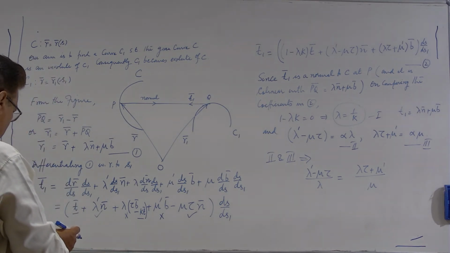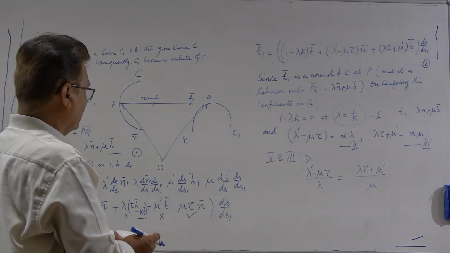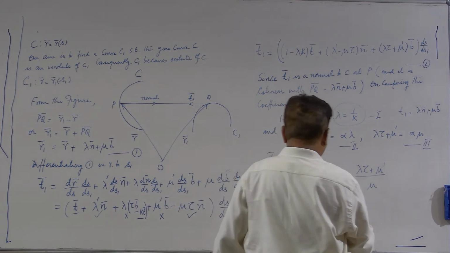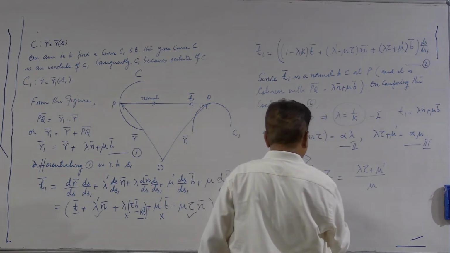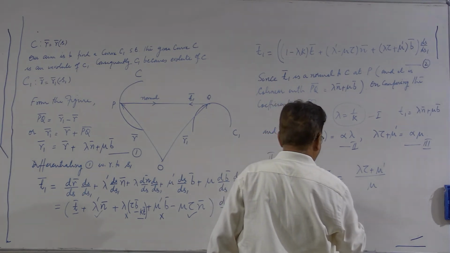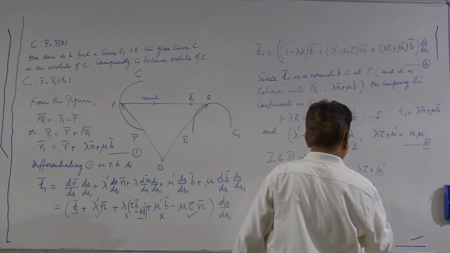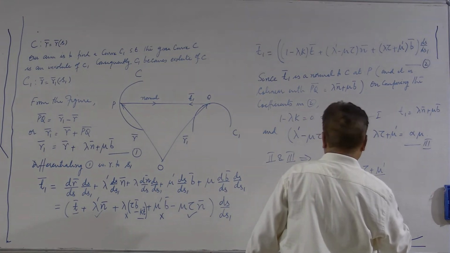Okay. Now, this I have to simplify. So, when you simplify, this will give you lambda dash mu minus mu square tau equal to lambda square tau plus mu dash into lambda.